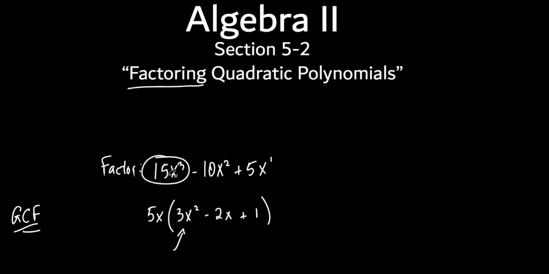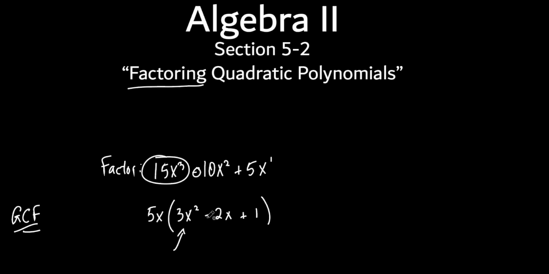Because when I pulled out the greatest common factor, I purposely pulled something out that I could divide by. Everything in here can be divided by that 5x, or I wouldn't have made this 5x. So take this and divide it by 5x. 15 divided by 5 is 3. x cubed divided by x is x squared. And then put a minus.